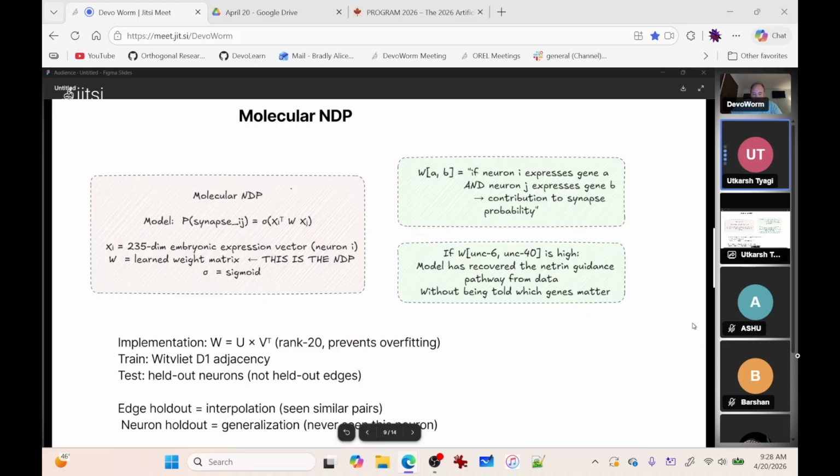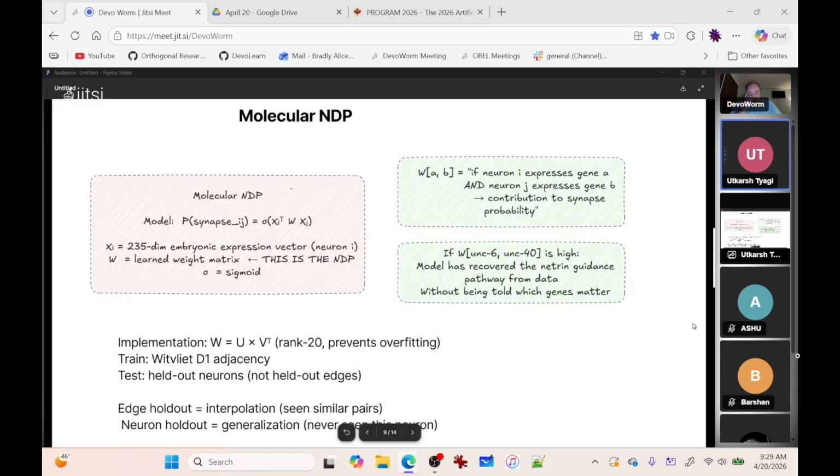One thing that might look like a negative result is that the combined model, molecular plus spatial distance, performs worse than the molecular alone at every tau setting. This is actually a positive finding, because when I looked deeper, the Packer expression data implicitly encodes the spatial organization also.